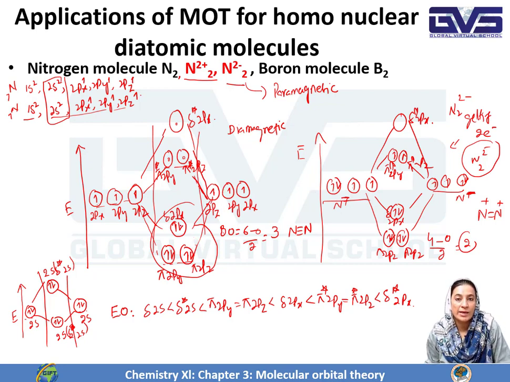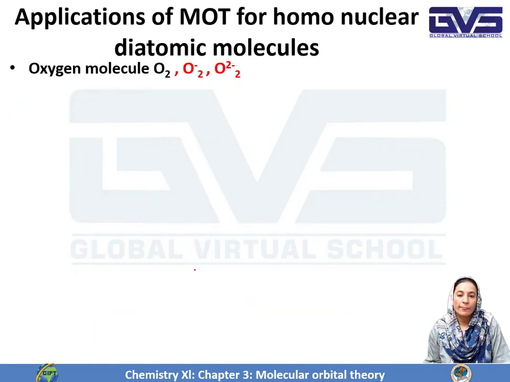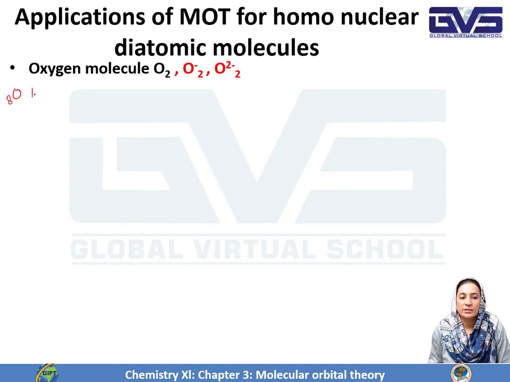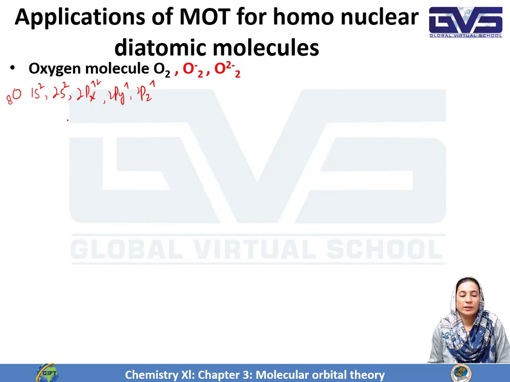In this case 2px is raised to a higher energy, while 2py and 2pz pi are moved towards lower energy. So for oxygen, its atomic number is 8: 1s2, 2s2, 2px2, 2py1, 2pz1.